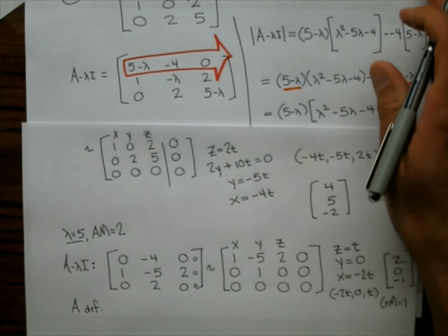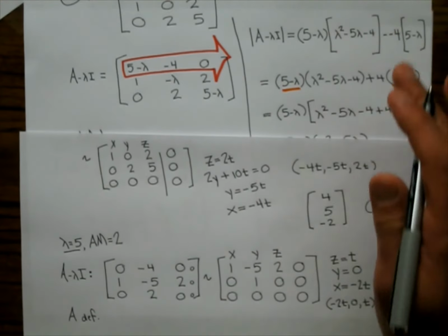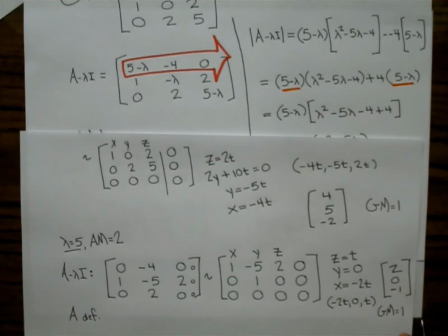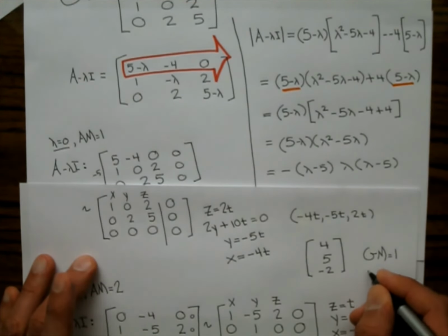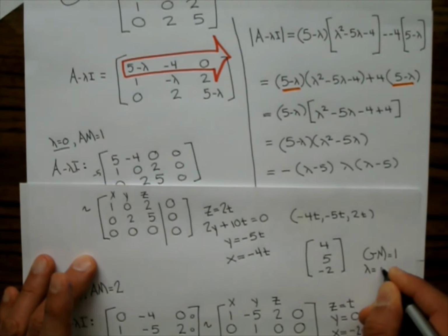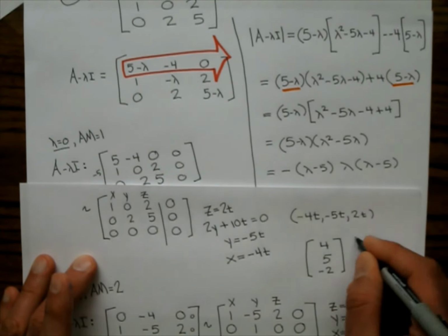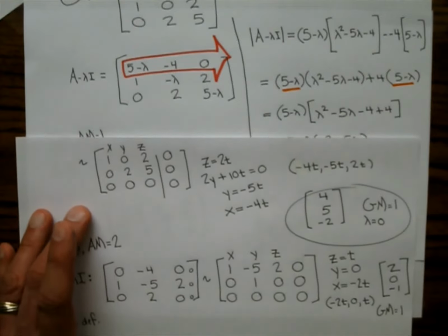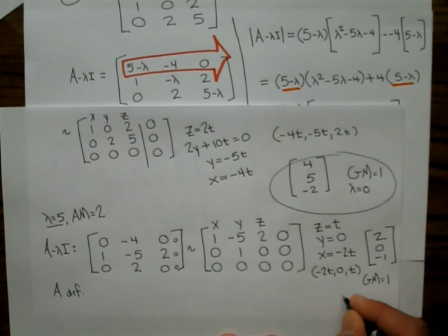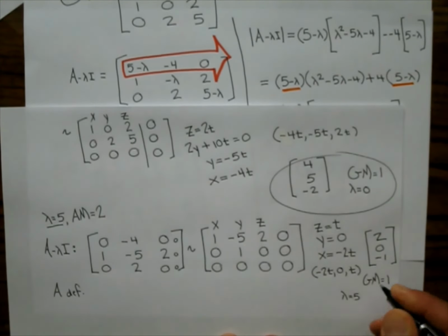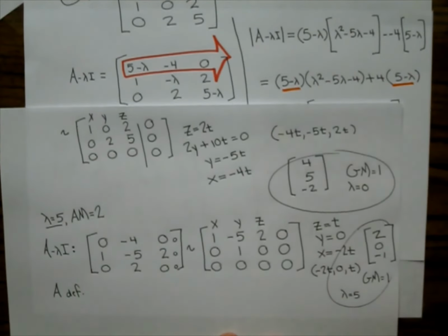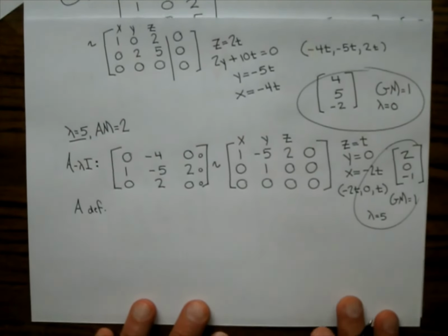Okay, but now I can already write down the solution almost. So this right here was lambda equals 0, and this right here is lambda equals 5. So let's go write the solution down.